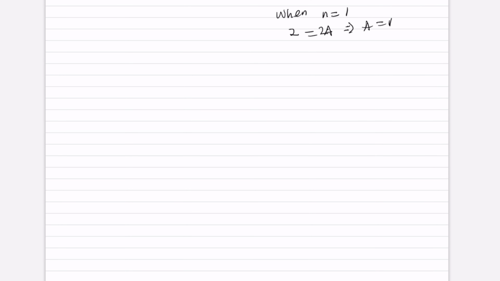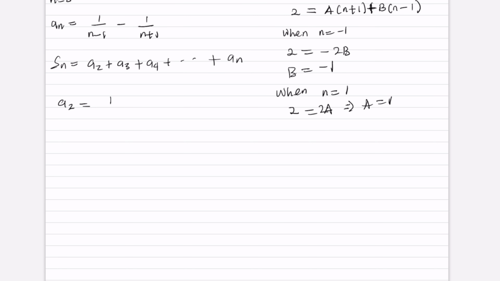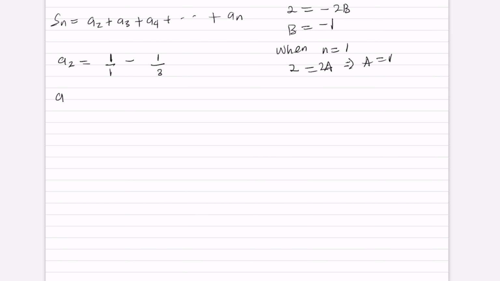So let's list out a2. For a2, anywhere you see n, substitute 2 in this expression. So a2 is going to be 1 over 1 minus 1 divided by 3, right? Then a3 is 1 divided by 2 minus 1 divided by 4. a4 is 1 divided by 3 minus 1 divided by 5.